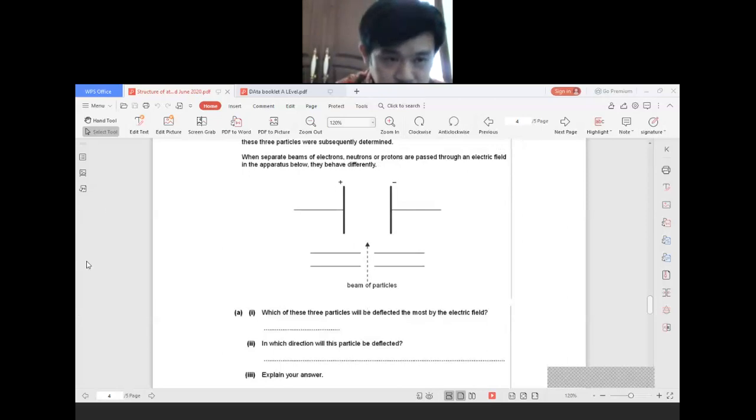It is the electron. Electrons. In which direction? Towards the positive end. Why is it deflected most?